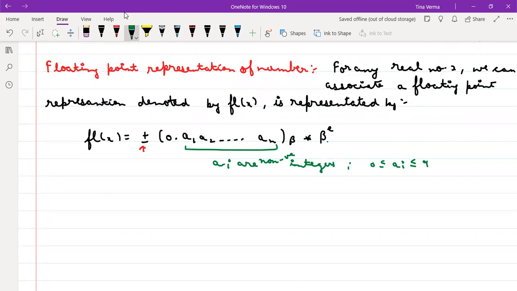Here beta is called the base of the number, e is called the exponent, and this part a1 a2 ... an is the mantissa part, or we can say the fractional part.